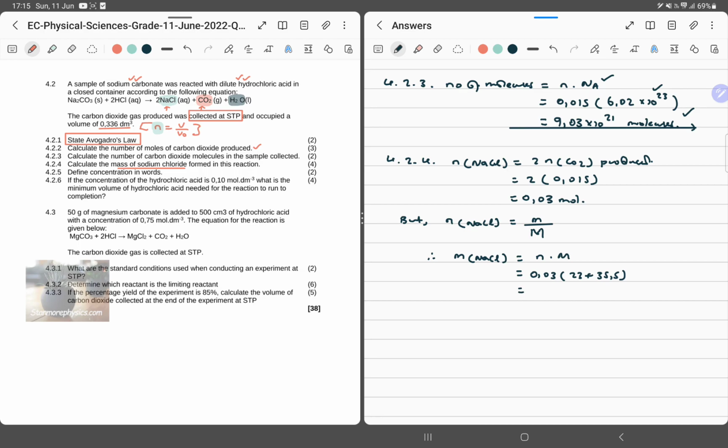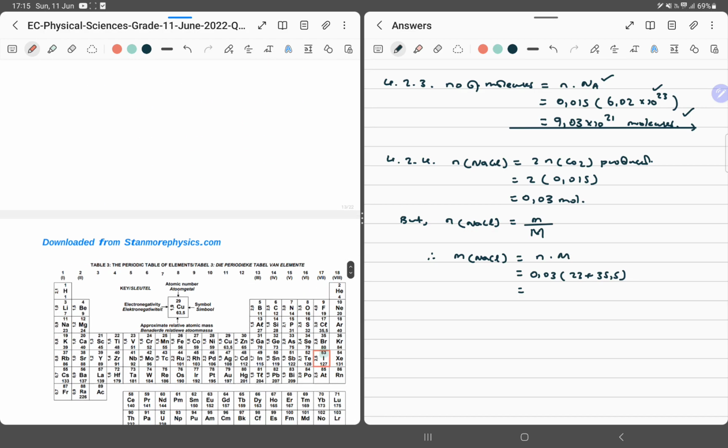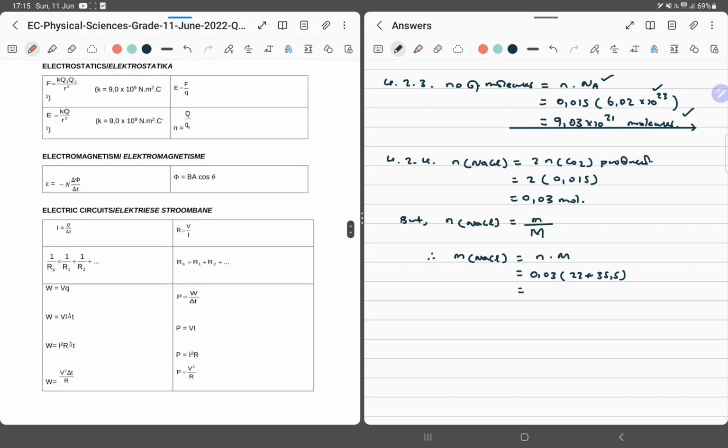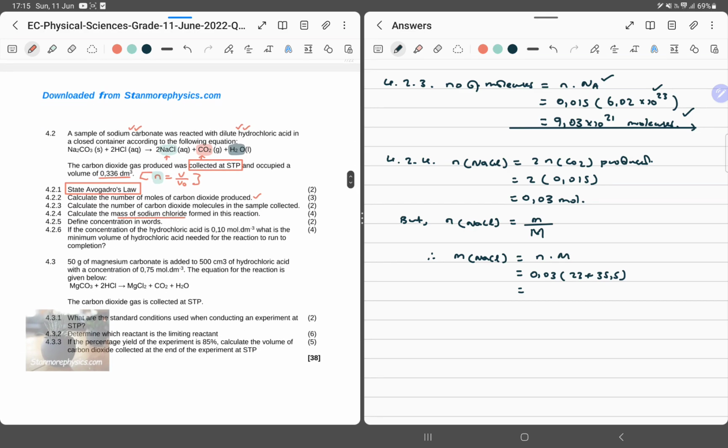Let's double check. Sometimes the brain gives up the ghost. Sodium, yes, is 23. So this is 0,03 into 23 plus 35,5. So we've got here 1,76 grams of sodium chloride that we produced.